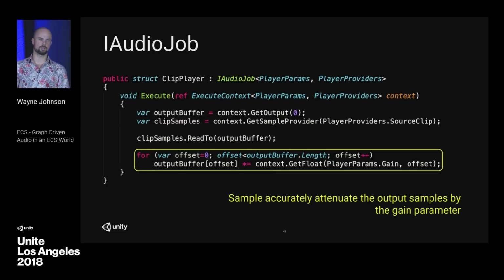So again, sample accurate automation. What we're creating here is a simple audio source. You can see that it's very basic, there isn't much to it yet, but already we've got the foundations of a new audio system written in C#.